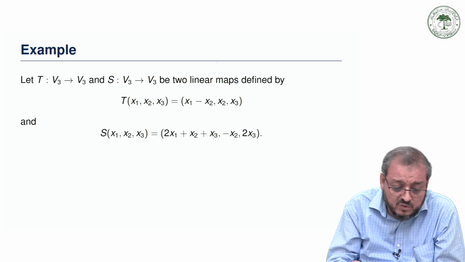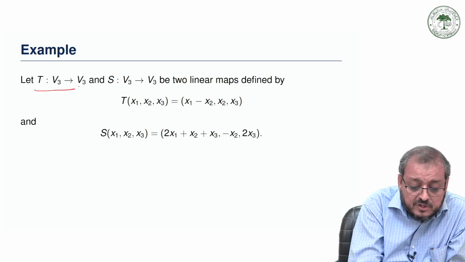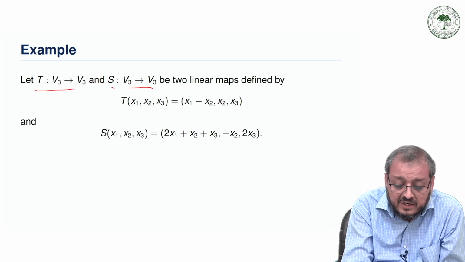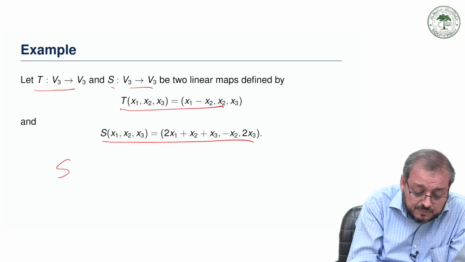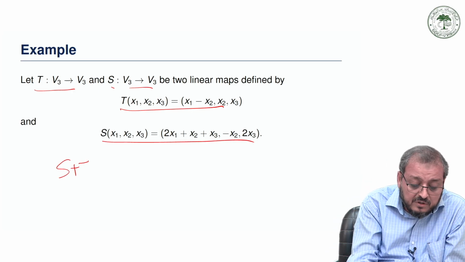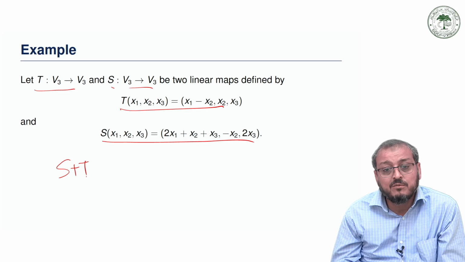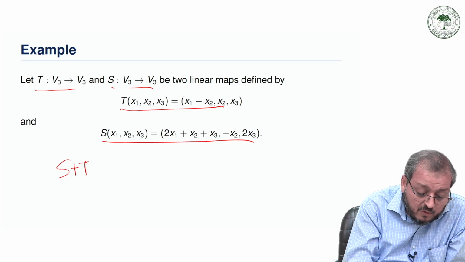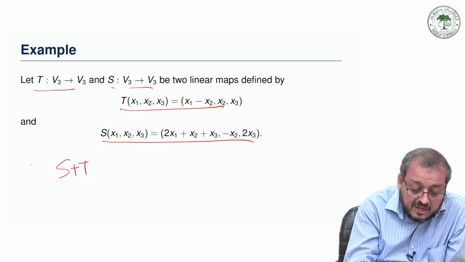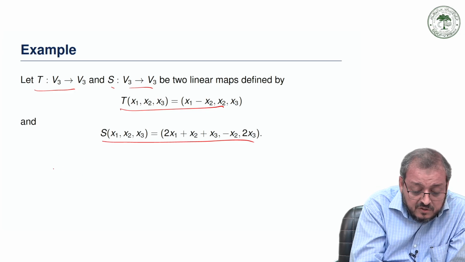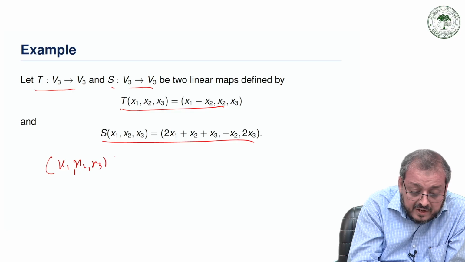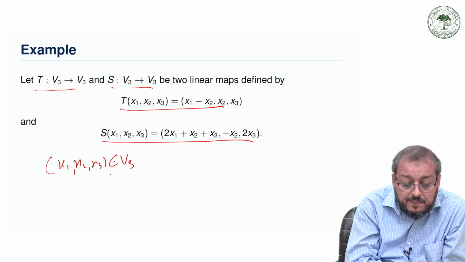First, we take two linear maps from V3 to V3, where T of x is defined in this form and S is defined in this form. Try to find S plus T, the sum of these two linear maps. We take an arbitrary element x1, x2, x3 of V3.